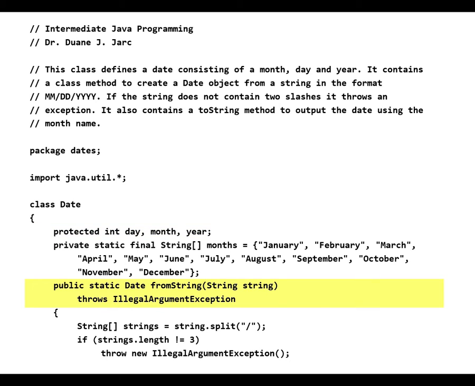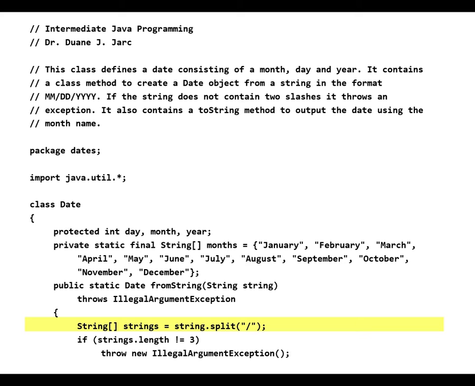Let's begin by looking at the fromString method that is intended to perform the inverse operation of toString, which is to take a string and convert it to a date object. Unlike toString, fromString has no particular special significance in Java, nor is it universally used. But it is useful in conjunction with input, much like toString is with output.